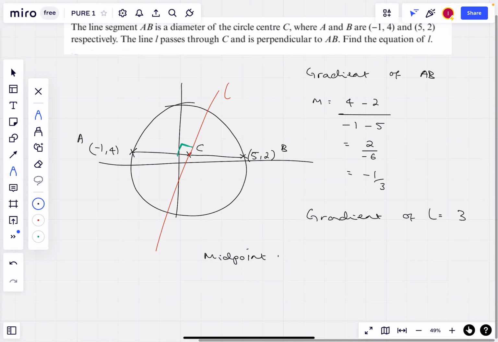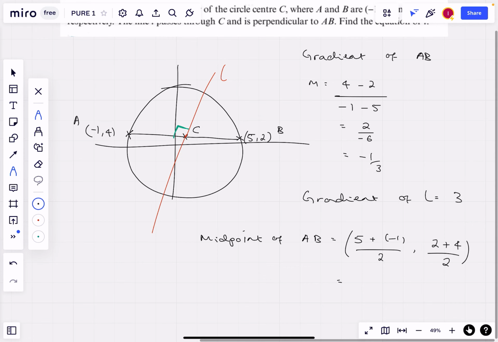To work out the midpoint of AB, you're going to do x1 plus x2, so 5 plus minus 1 all over 2, and then 2 plus 4 all over 2. So your midpoint is 2, 3. And this is the coordinates of C.